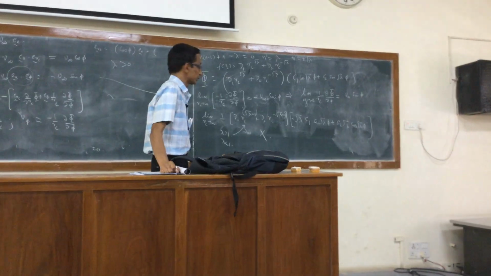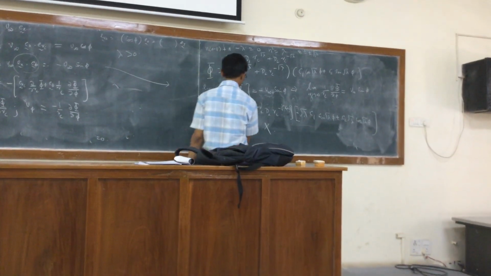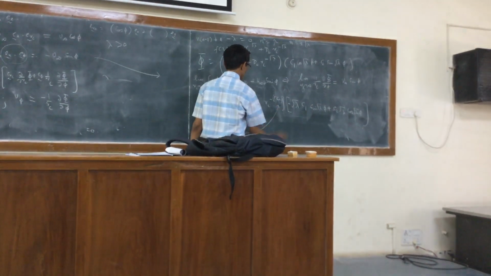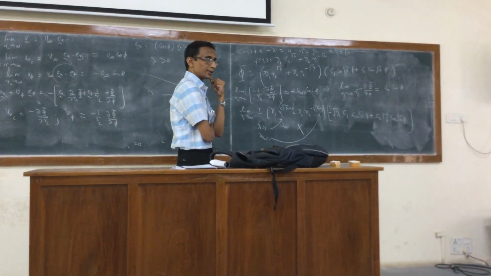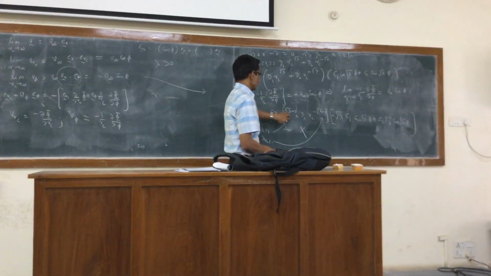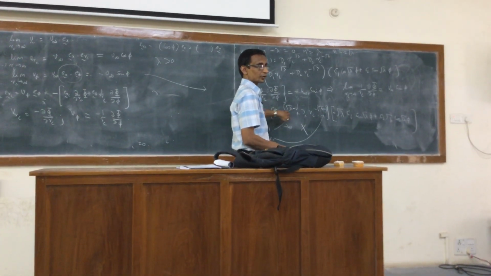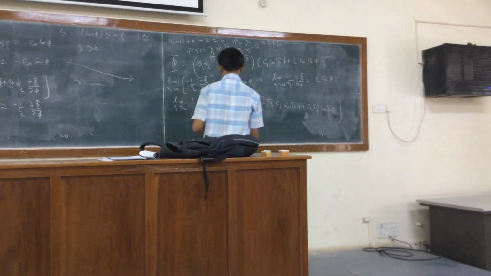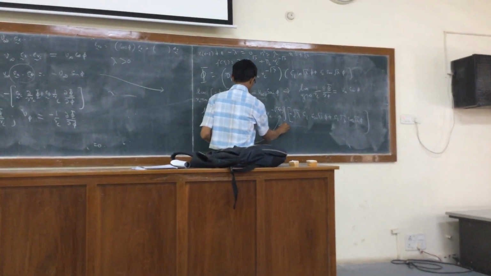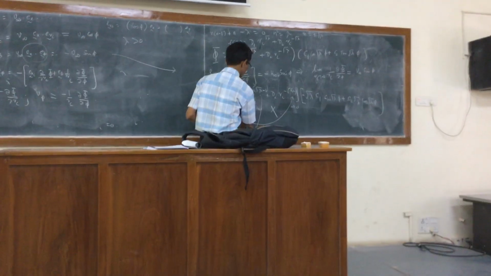But now also it would be 0. Lambda is less than 1, both the terms are 0, so the whole thing collapses to 0. Both this is going to 0, and this is also going to 0.